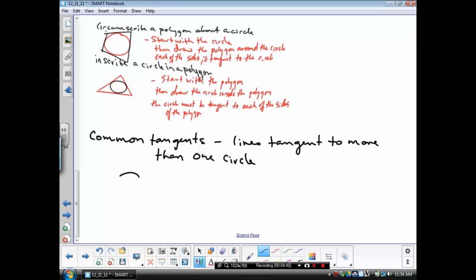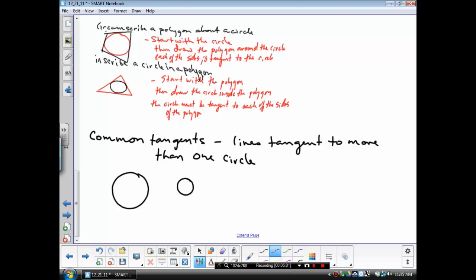Now, if I have two circles, we can talk about two different types of common tangents. We have common tangents that are externally tangent, and we have common tangents that are internally tangent to these circles.